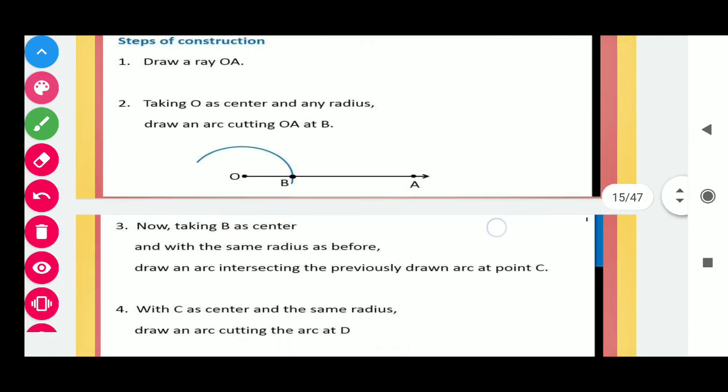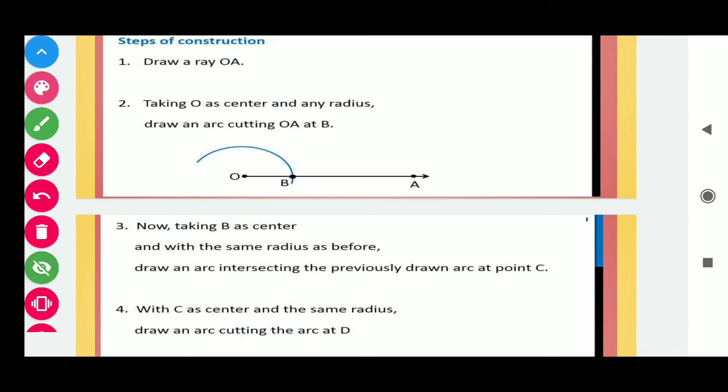So here, place the pinpoint of the compass at point B and mark an arc. And after that, again place the pinpoint at this point and mark another arc. Okay, we are going to construct the 90-degree angle.